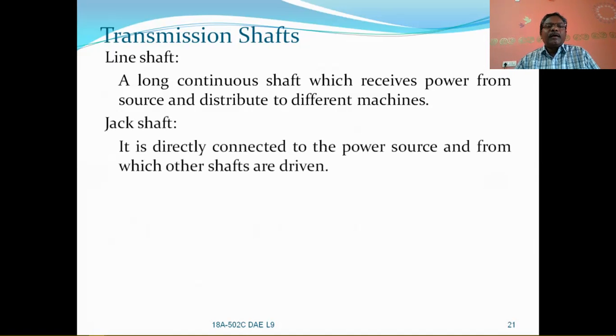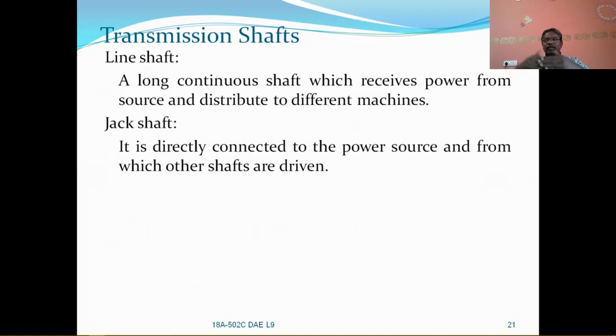The next is the jack shaft. This jack shaft is directly connected to the power source from which the other shafts are driven.